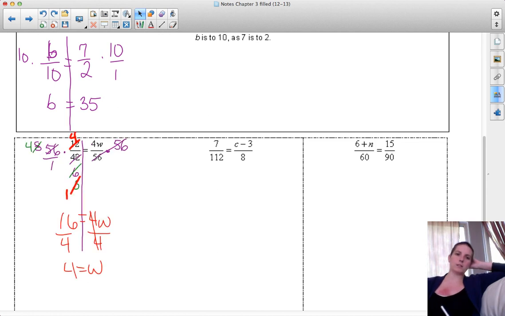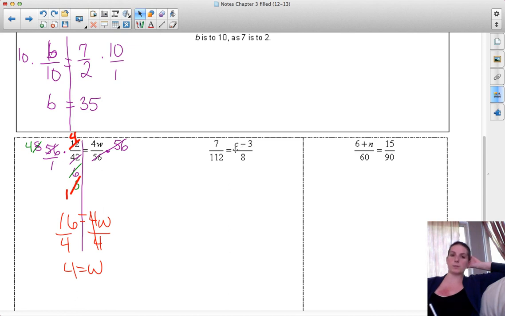I multiplied both sides by 56, and then I started simplifying. If at some point you decided to multiply and not simplify again, and you had a middle step in here, or you had a different number other than 16, that is just fine. Just be cautious and make sure that you simplify your fraction all the way down before you get to your answer.